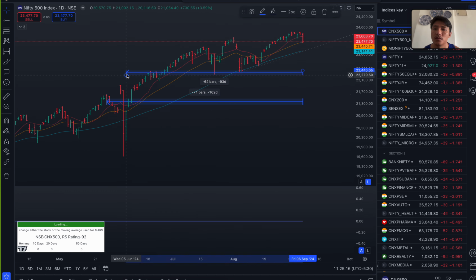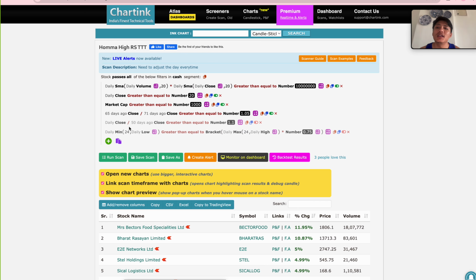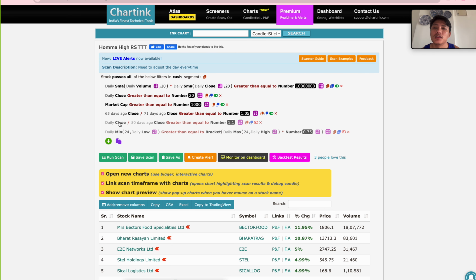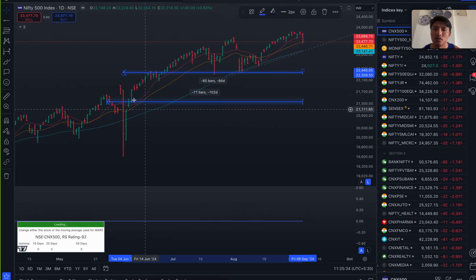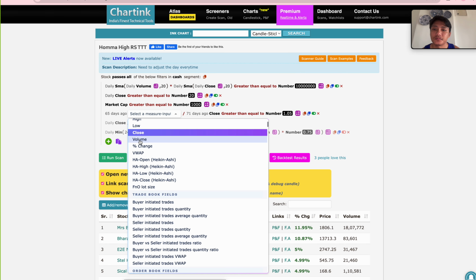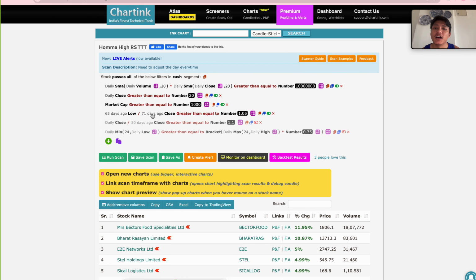Let me be more specific: this low divided by this low, or this high. In general, close also works, but if you want to be very specific, then it is the 65-day ago low divided by the 71-day ago high.